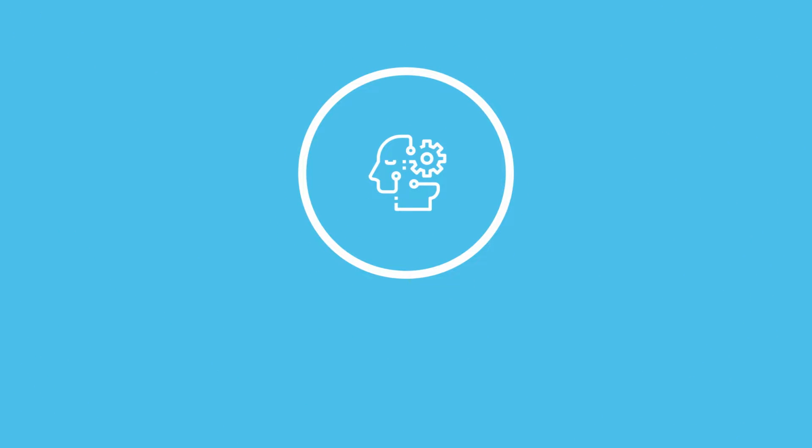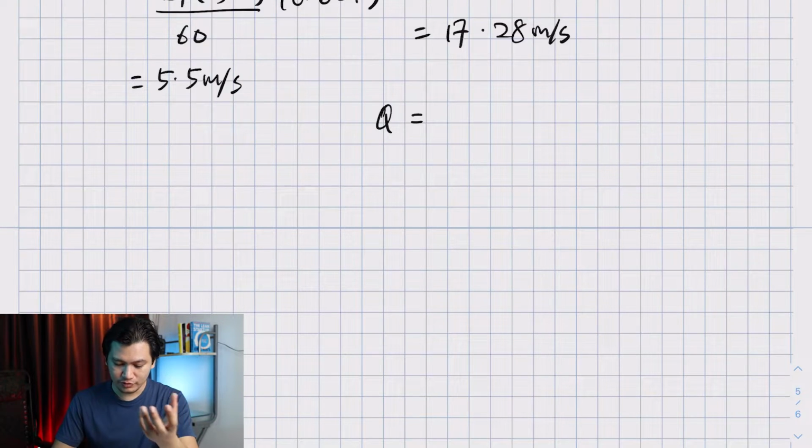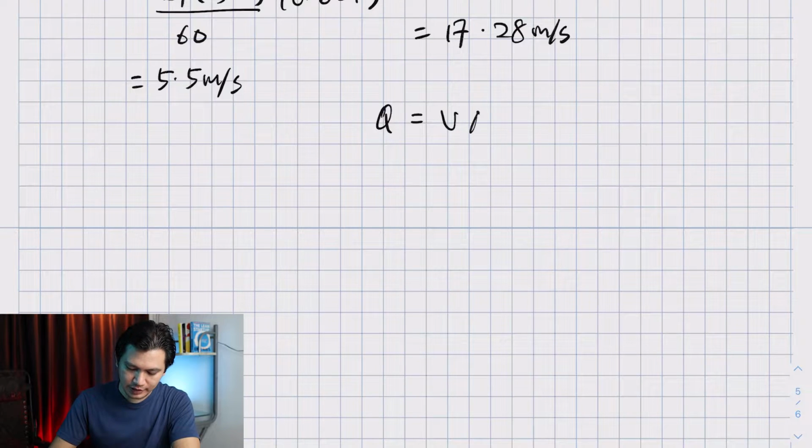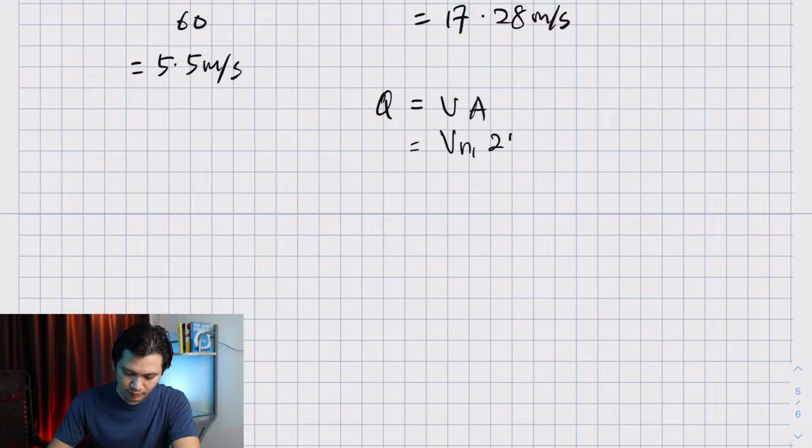First you are looking for the discharge, or Q, the volume flow rate. We've done this before: velocity times area. The velocity will be the velocity that is perpendicular to the blade speed, so this is Vn1, and the area at inlet is 2 pi R1 B1.